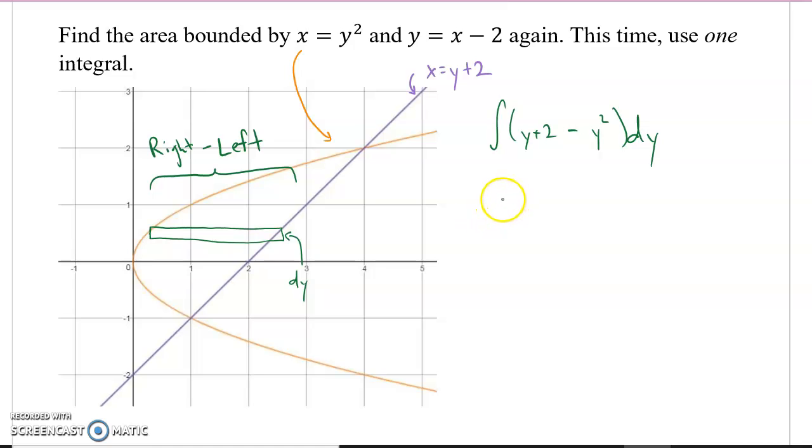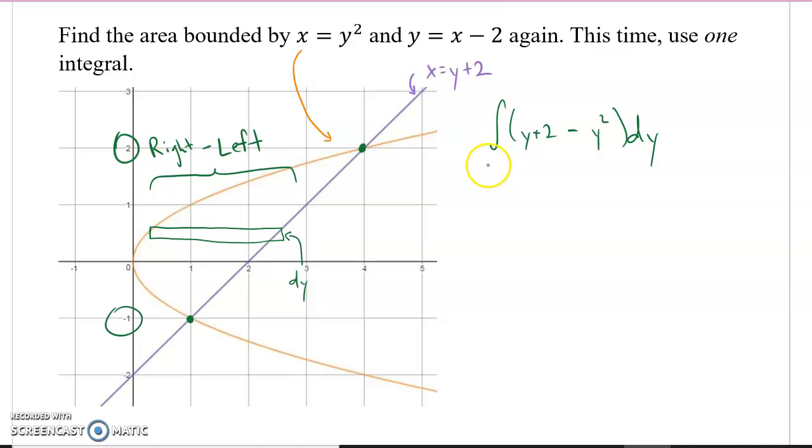Now, the other thing we need to remember is that our y values are changing, not our x values. So we're going to start at the bottom, the lowest part of this, which is at y equals -1, and we're going to keep on stacking those rectangles up all the way until we get to this point right here, not at x equals 4, but at y equals 2.